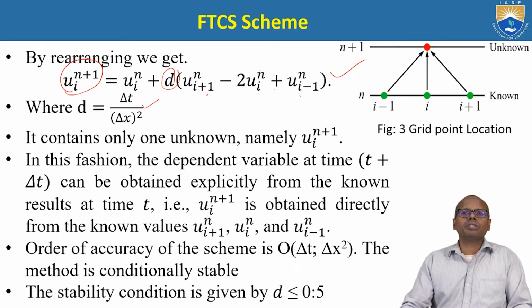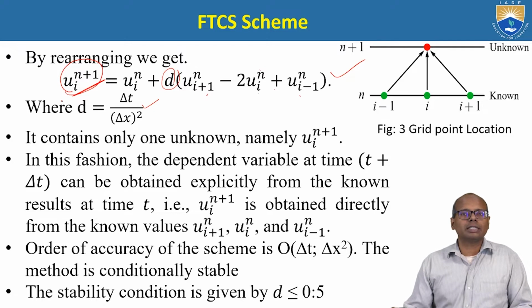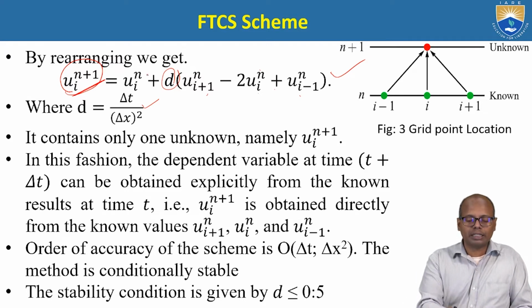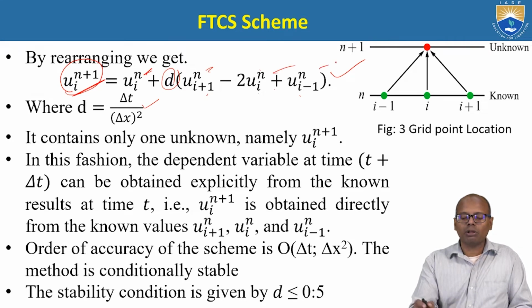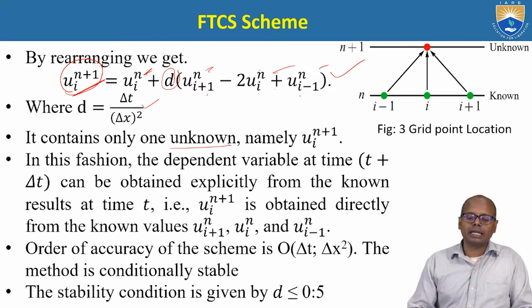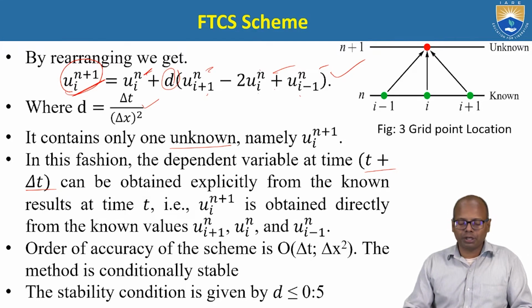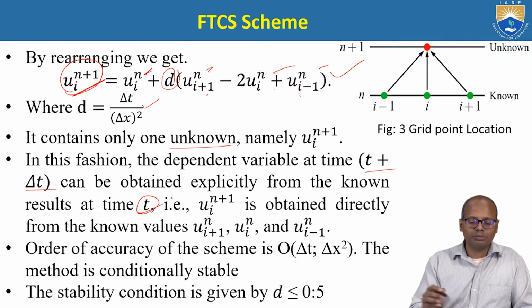Now if I observe this equation, what are the unknowns here? This is the only unknown that I have. This is the n plus 1th time interval where we are calculating, and we already have the values at the nth time interval, so all these are known values. Only one unknown is there, at time t plus delta t, and it can be explicitly derived from the results at time t.